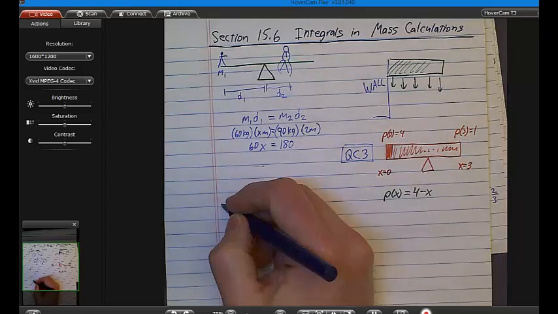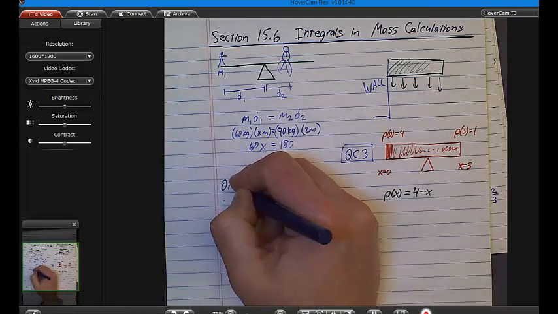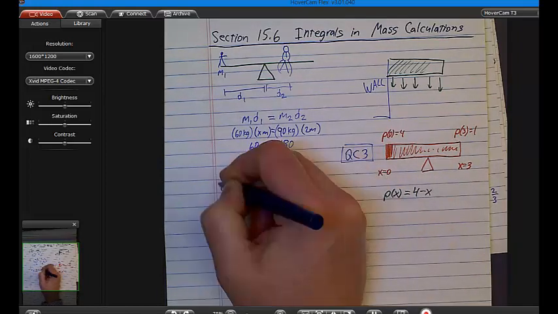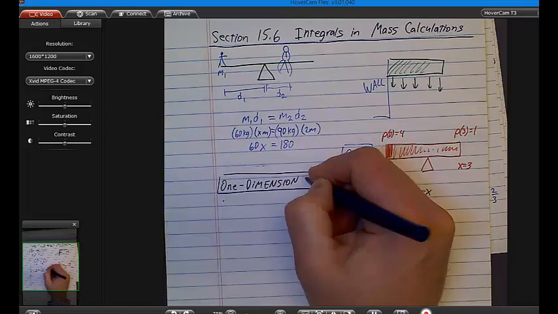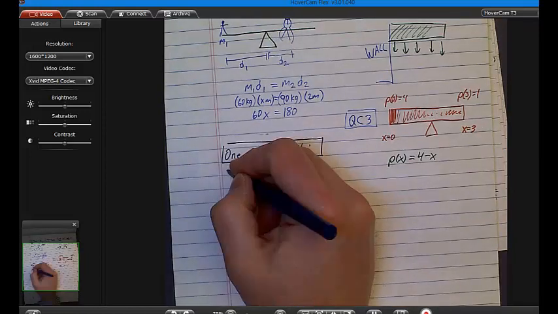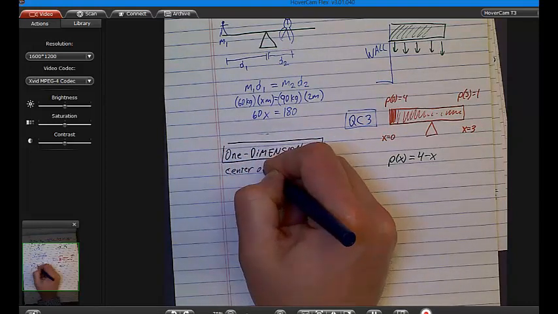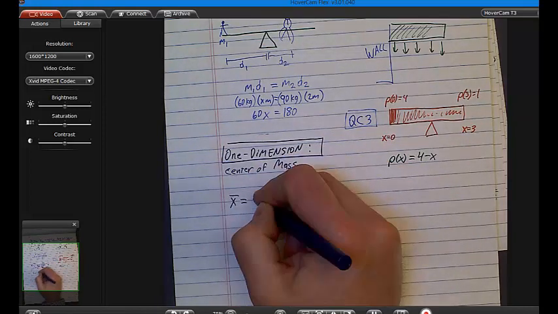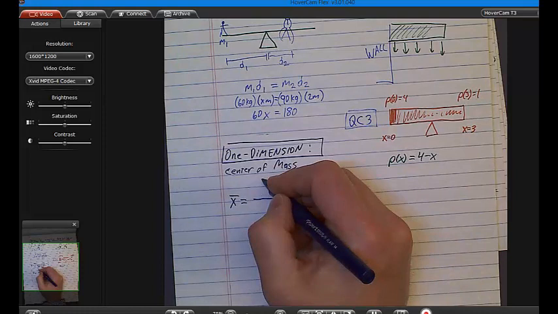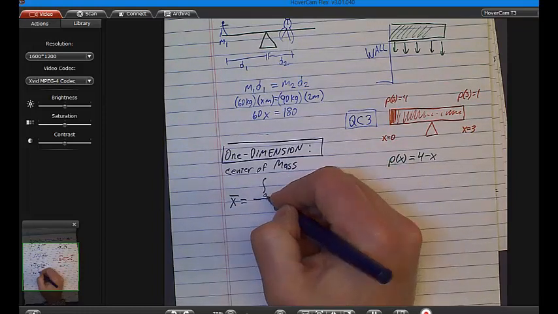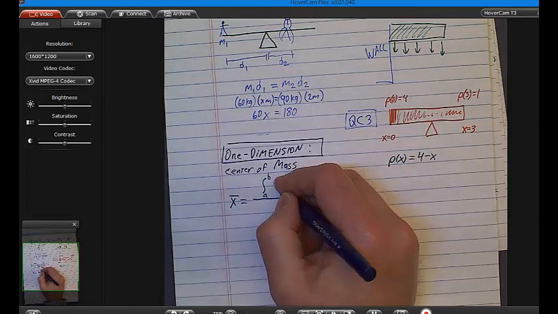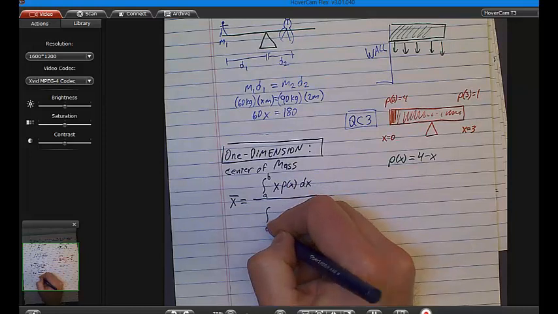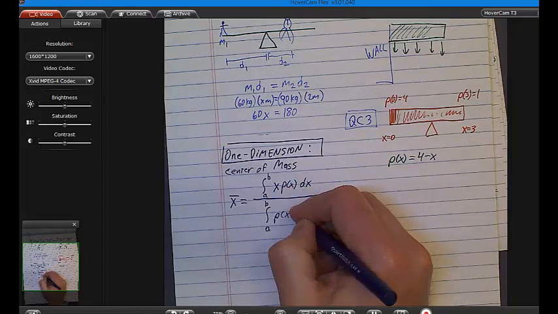Okay, so, the one-dimensional case. In one dimension, we can say the center of mass, x bar, is given by a fraction of integrals. So we're going to integrate from a to b, and we have x rho of x dx over the integral a to b rho of x dx.